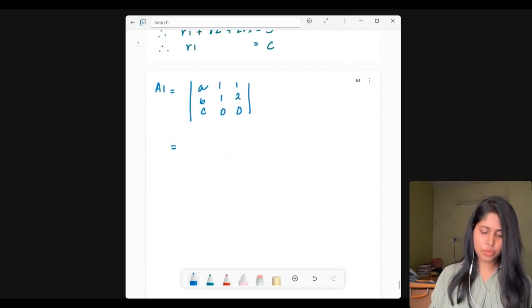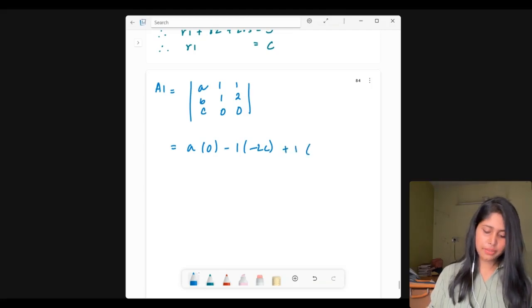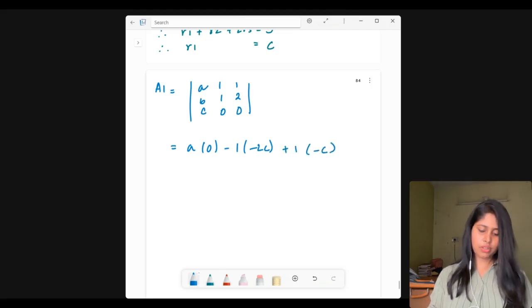How will we find it? It will be a into 0 minus 1 into minus 2c, minus 2c, and plus 1 into minus c. Yes. Okay, so how do you find it?